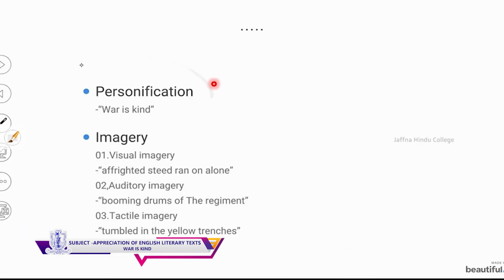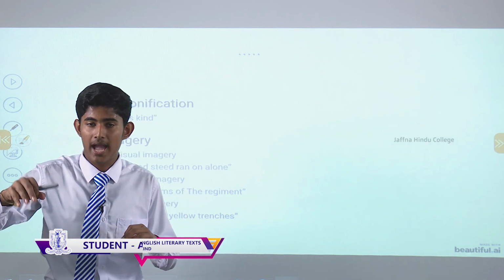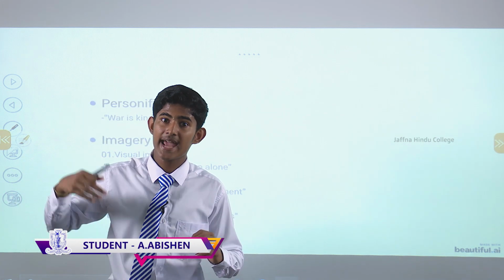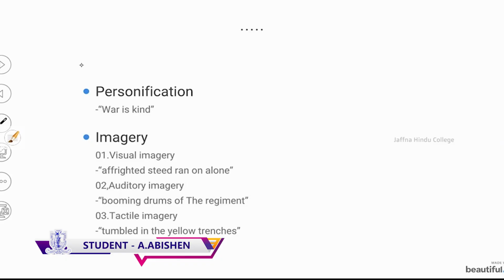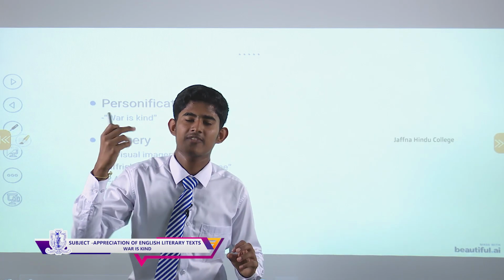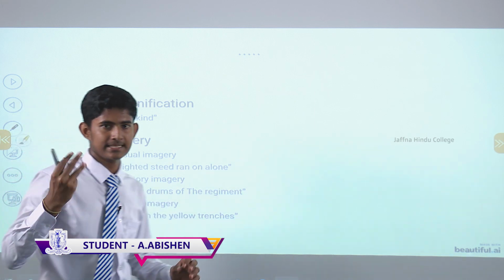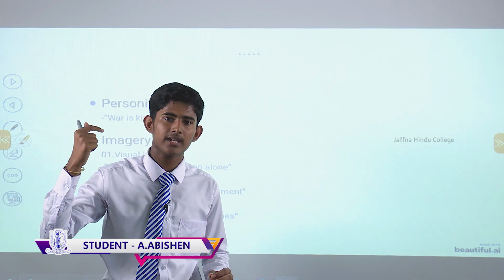Then the personification. Why is this personification, you may ask? Because kindness is a quality attributed to humankind, but the poet utilizes it to address the war. War is kind. And imagery, these imageries are especially used in the second and fourth stanzas mainly, and we can divide these into three types as visual, auditory and tactile.